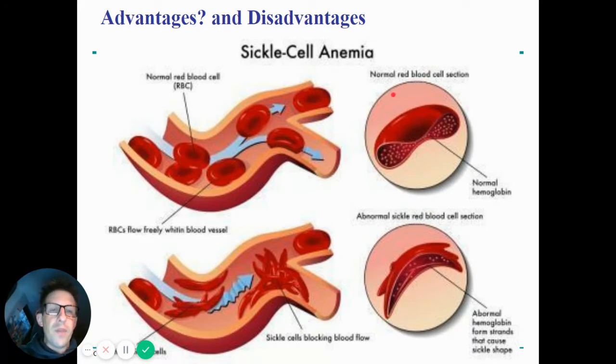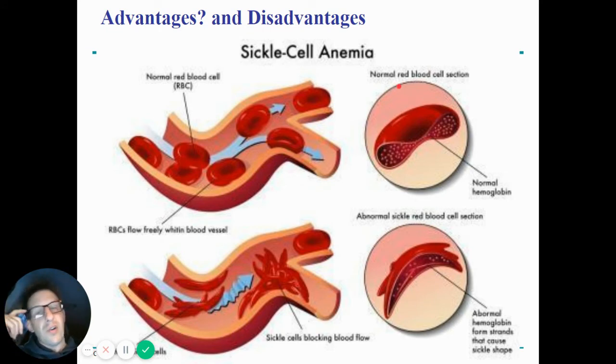Now, one thing that you'll hear a lot about, or you'll notice, is that a lot of people who have sickle cell anemia are African American. They have ancestry in Africa. And one of the diseases that's absolutely prevalent and kills a ton of people in Africa is malaria.